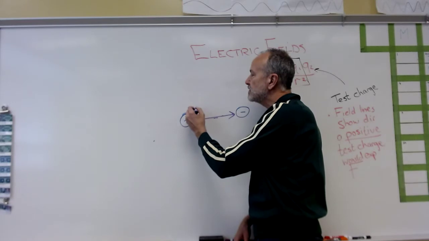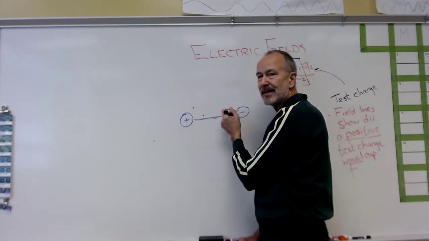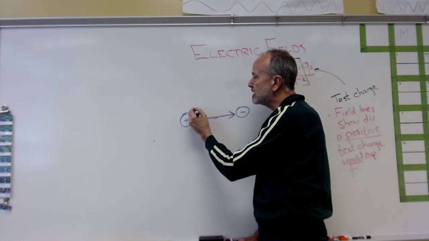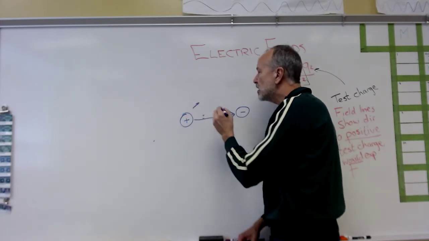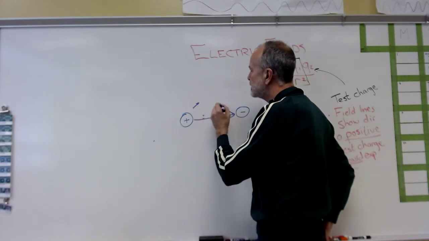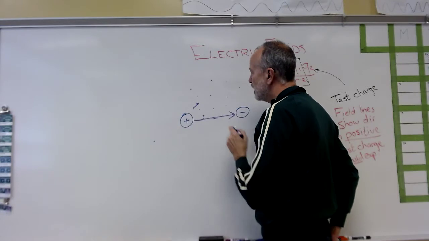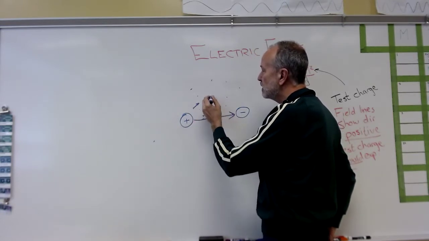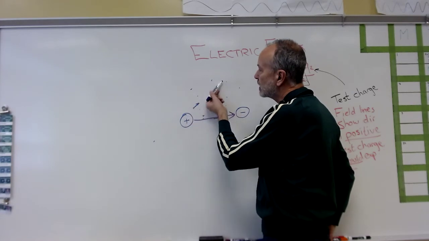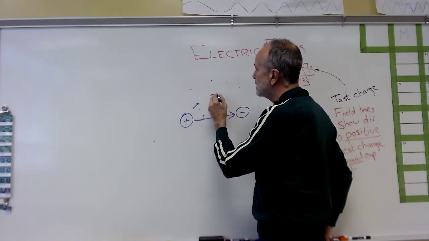What if I put a positive charge there? It's going to get repelled. It's going to get attracted a little bit, but it's so much farther away that it's going to be almost straight out from there. And if I just pick a whole bunch of dots and ask what the field would look like there, this one is going to be mostly horizontal. This one is going to have a component in that direction and a component in that direction, so that's going to be horizontal.